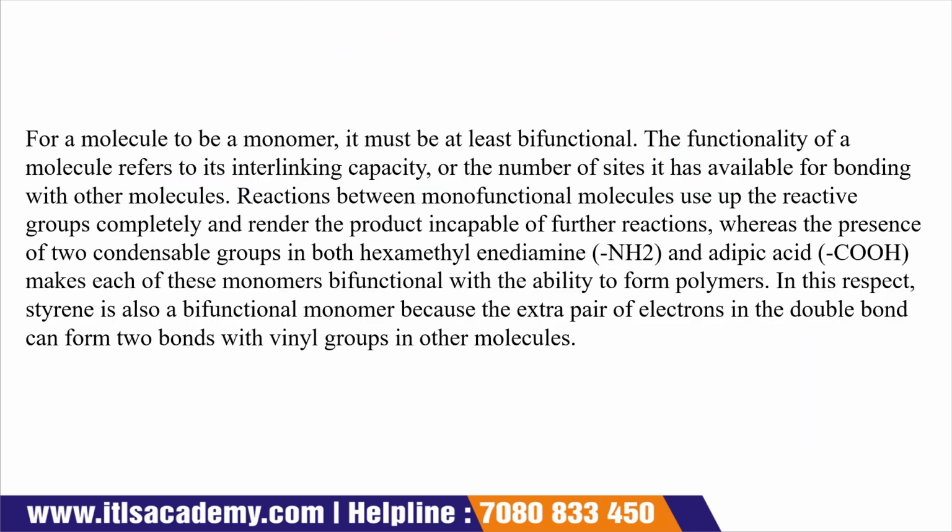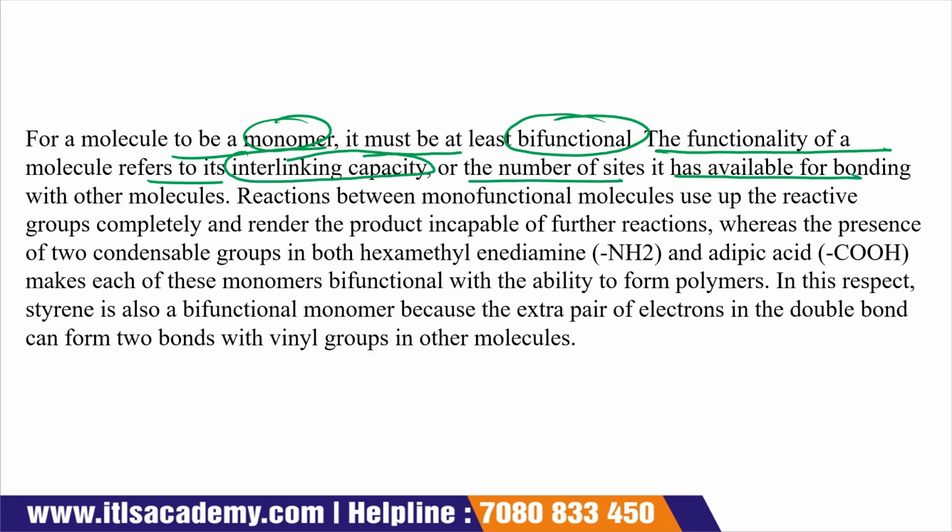Now the next is, for a molecule to be a monomer, it must be at least bifunctional. Okay, we consider a molecule a monomer when it is at least bifunctional. The functionality of a molecule is referred to as its interlinking capacity, or the number of sites it has available for bonding with other molecules.